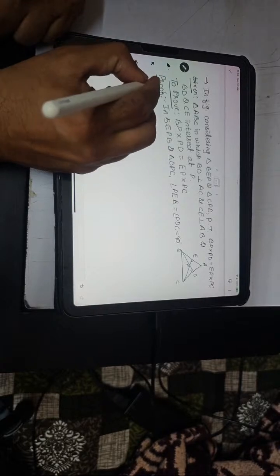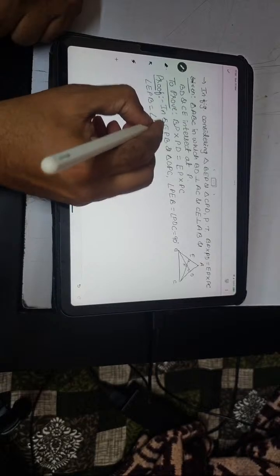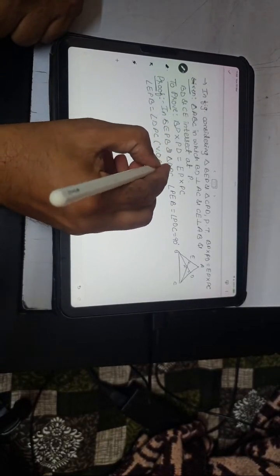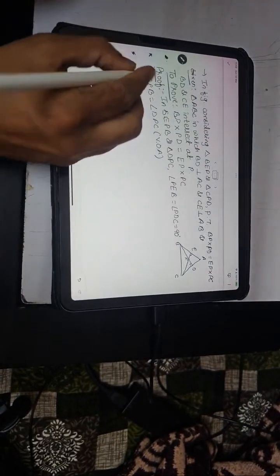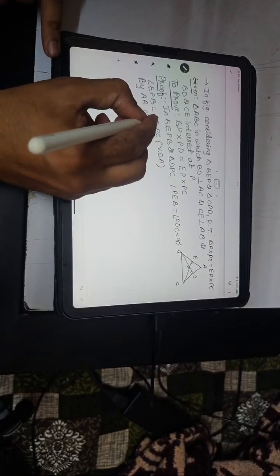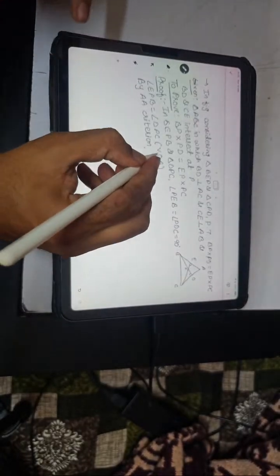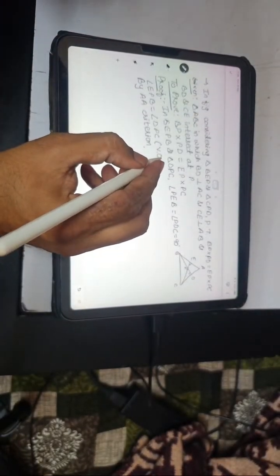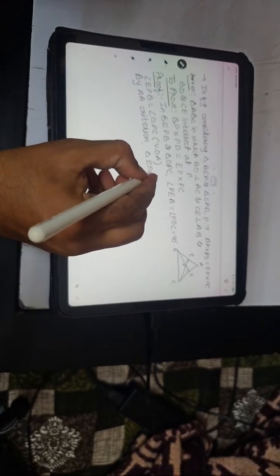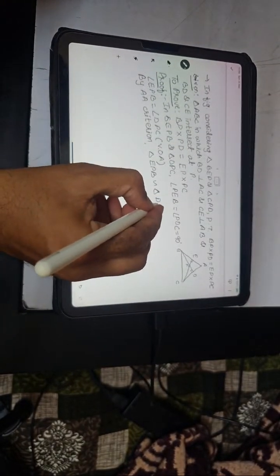Now angle EPB equal to angle DPC. These are vertically opposite angles, that is, we call it VOA. So by AA criterion, and AA criterion is for similarity, can I say triangle EPB is similar to triangle DPC?